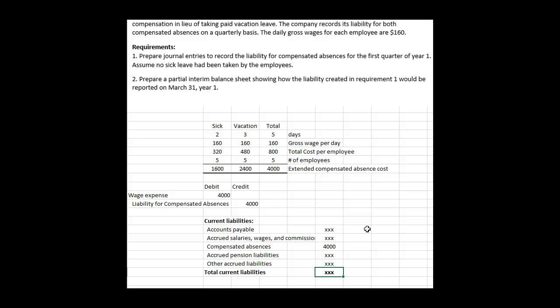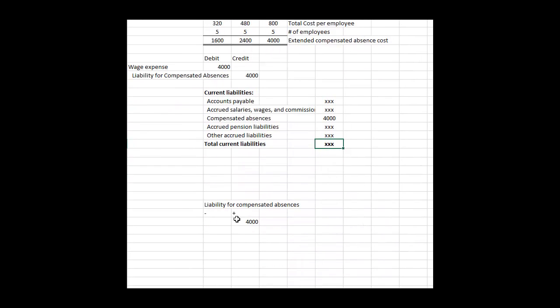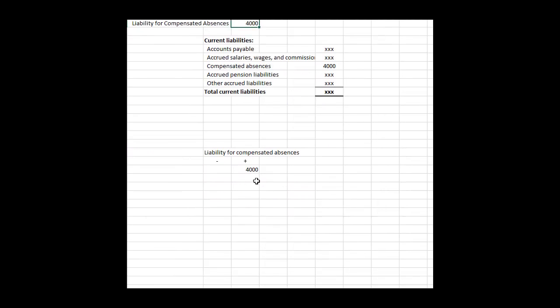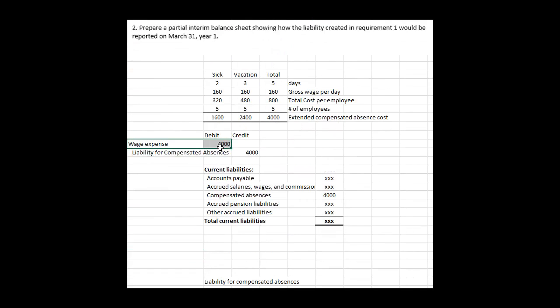Now I'm going to show you something that the problem didn't ask you to show, and that is that currently in the balance of this account we have $4,000 that was accrued in the first quarter through this journal entry right here. Now subsequently, if those employees take paid time off in a future quarter, what's going to happen is we're not going to expense that wage, that cost again. In other words, this has already gone through the income statement.